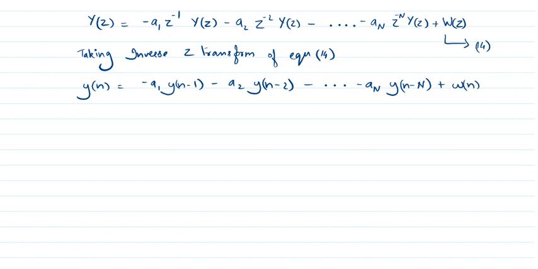So this is equation number 15. So we get the inverse z transform of the second stage output, where a1, a2, a3, etc., an are the coefficients.